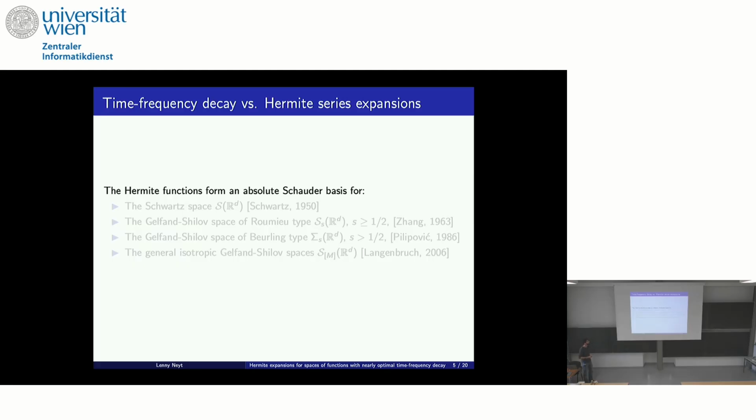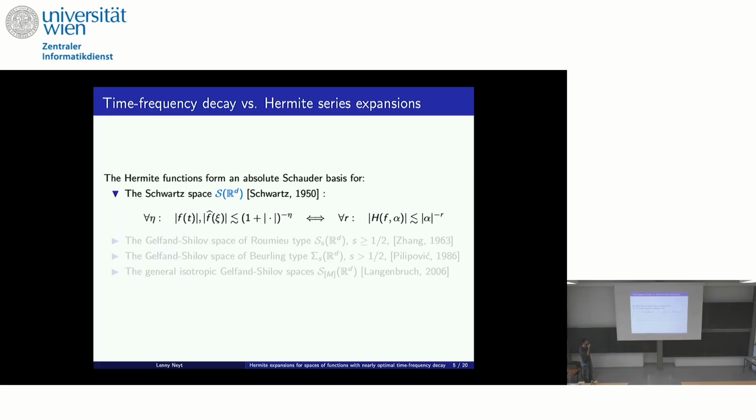Schwartz already showed in his work that the Schwartz space he introduced can be detected using the Hermite functions, namely, if you have this faster decay, if you multiply by any polynomial, we can detect this exactly as having this kind of bounds on the Hermite functions. So this was already in his work in Théorie des Distributions.